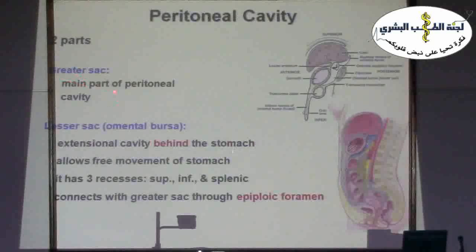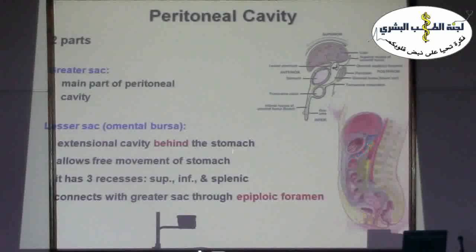The greater sac is the main part of the peritoneal cavity, as you see all over here. All of these spaces in blue are the greater sac. This space here behind the stomach in dark blue is the lesser sac.